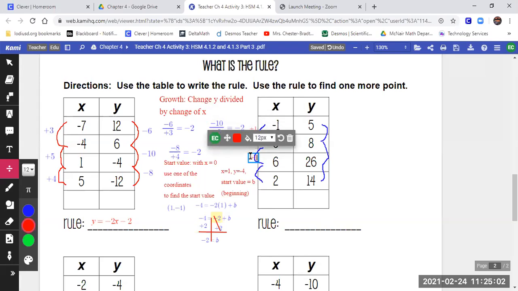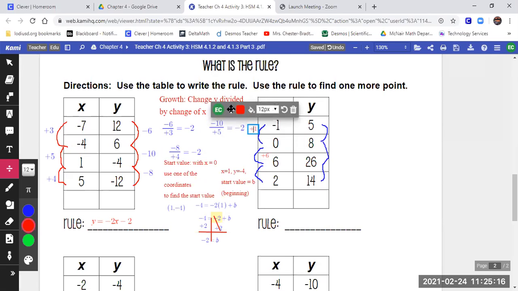I added 6. If I'm going from 6 to 2, what happened? I subtracted 4. Does it matter that they're not all the same number? No, because we're going to go check our rule.